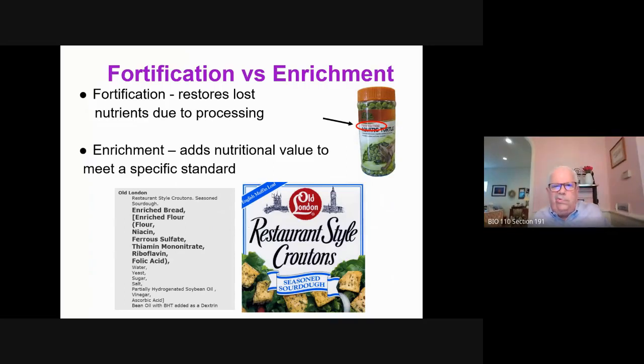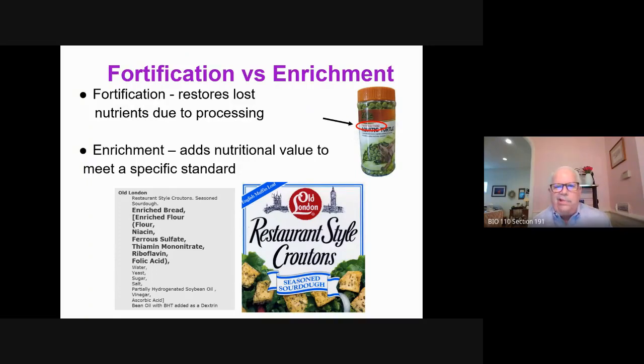And the difference between fortification and enrichment. Fortification means that we are restoring lost nutrients due to processing. When you process food, you lose nutrients. So fortification is restoring those nutrients lost during processing.